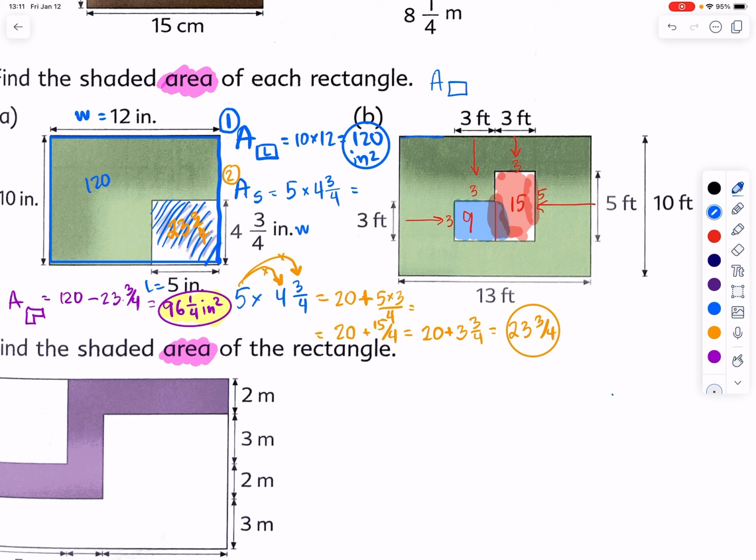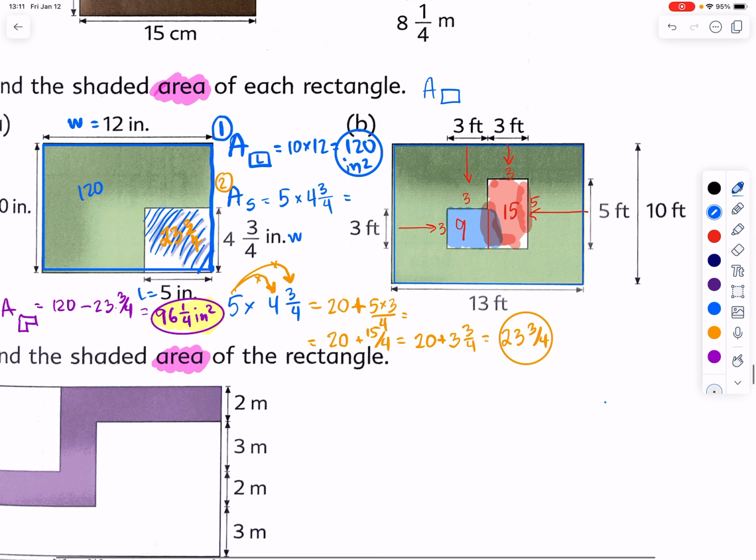And I'm talking about this entire rectangle. We do have a 10 by 13. So the area of the large shape is equal to 13 times 10 gives us 130, of course, feet squared.